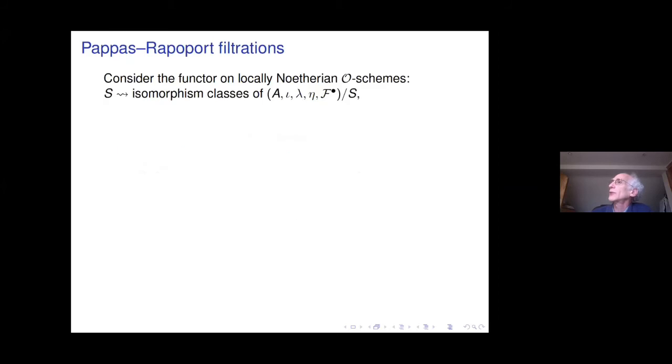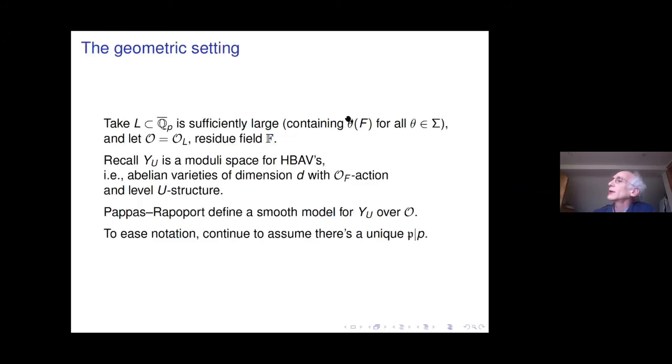So I think the models in the unramified case were defined by Rapoport, I believe. But the models used by Rapoport were not smooth if p is ramified in a totally real field.